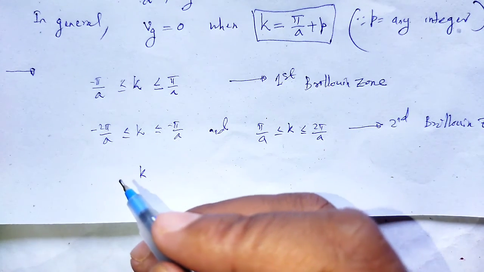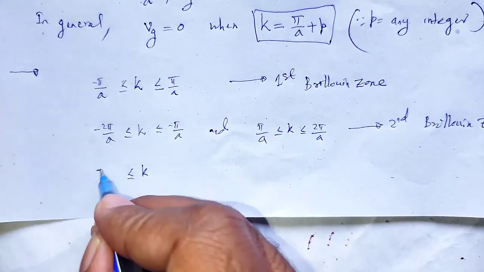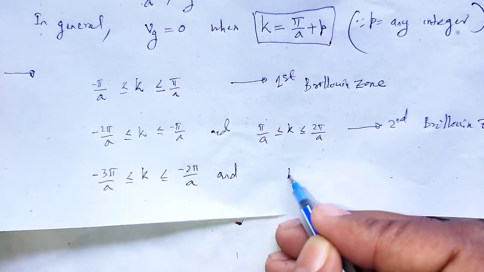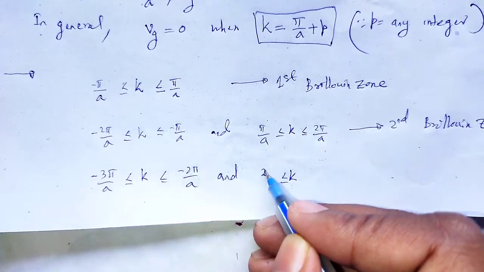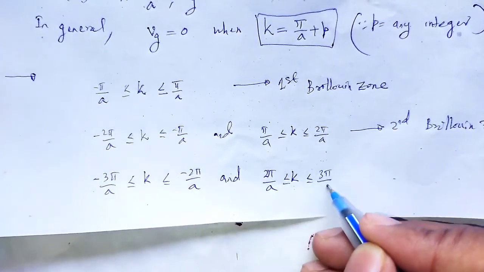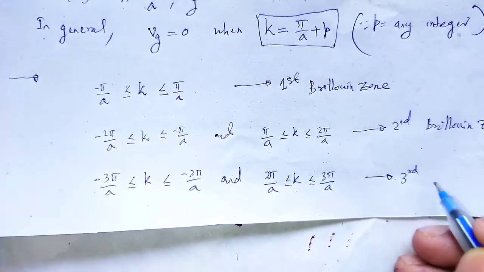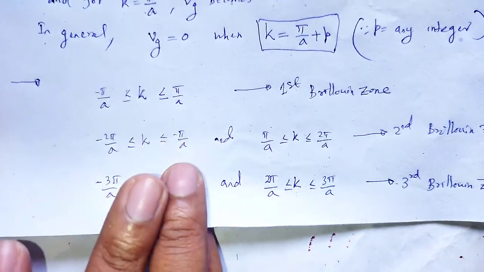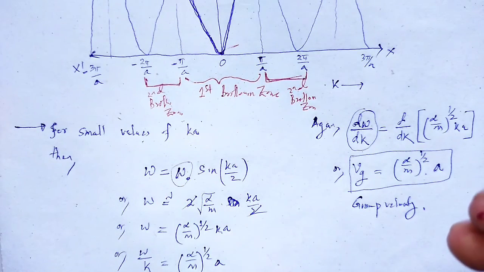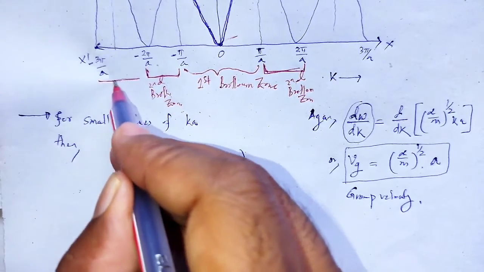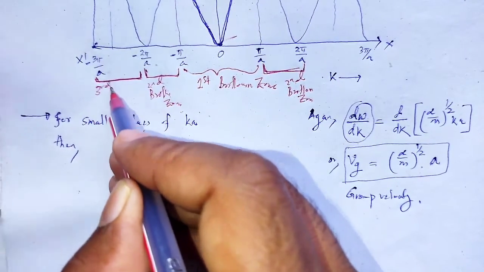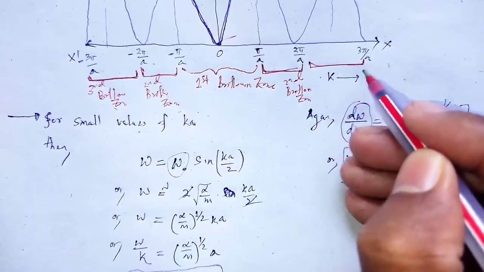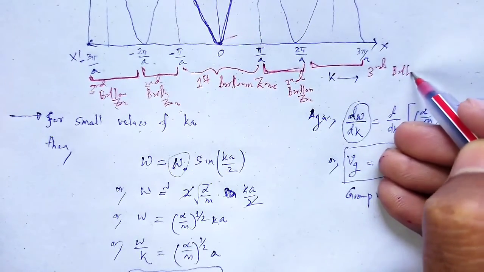Here k lies between minus 3 pi by a and minus 2 pi by a, and in the positive section between 2 pi by a and 3 pi by a. That is the third Brillouin zone. See the figure: in that region, 2 pi by a to 3 pi by a, we obtain the third Brillouin zone.